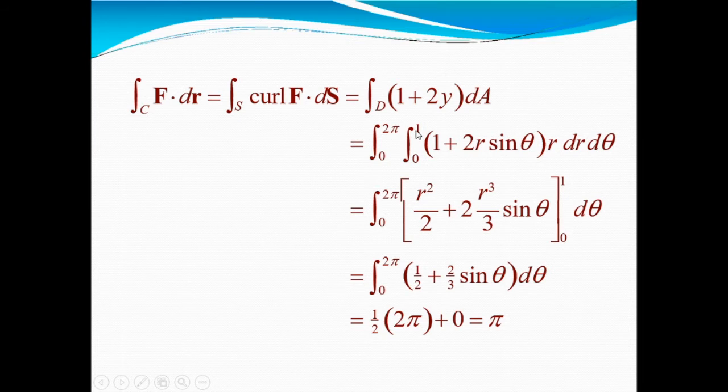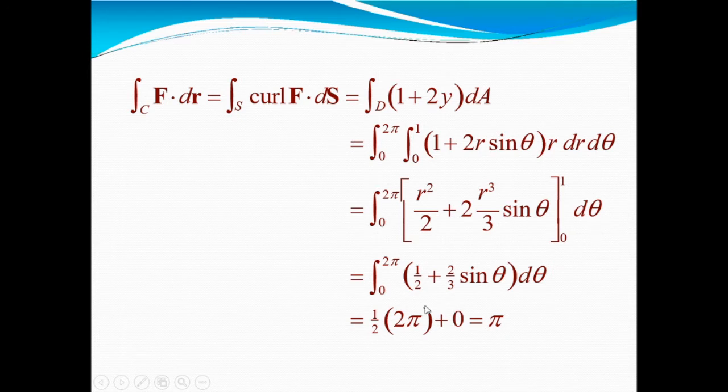So when we take the inner integral with respect to dr, we get 1 into r is r, so the integral of r is r²/2, plus 2 sin θ times r², where 2 sin θ is a constant. Integrating r² we get r³/3 into sin θ.